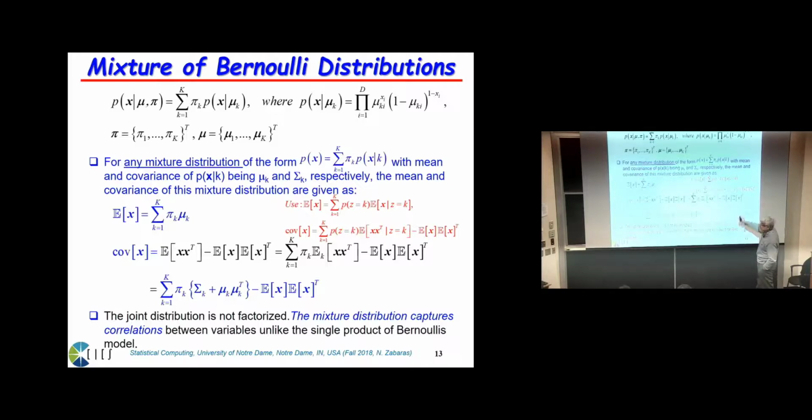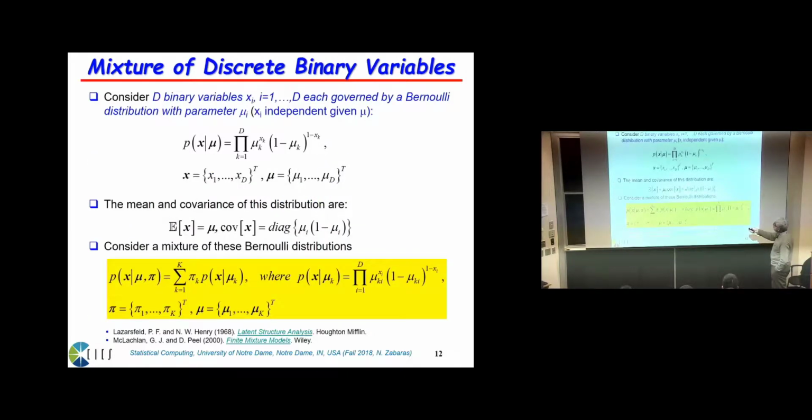Okay? Now what happens is, when you try to apply this formula to get the covariance, you get interesting things. You remember the covariance is the expectation of x x transpose minus the expectation of x times the expectation of x transpose. Okay? So for the expectation of x x transpose, I use the divide and conquer idea. And we know what it is for each component, because we know what the covariance is and we know what the mean is.